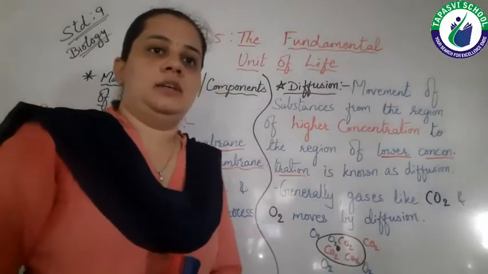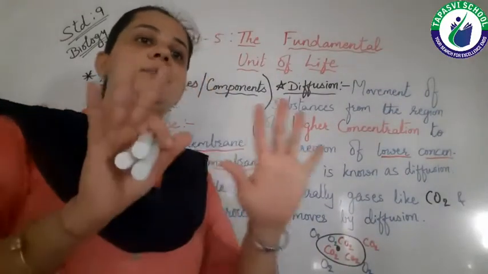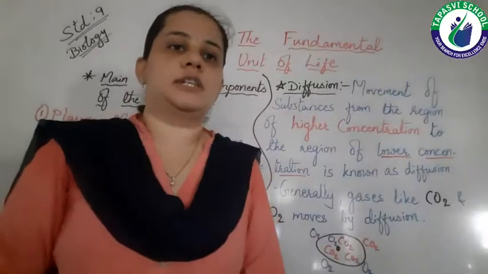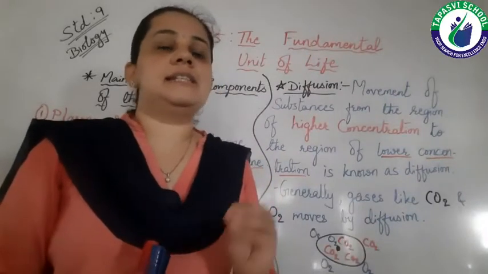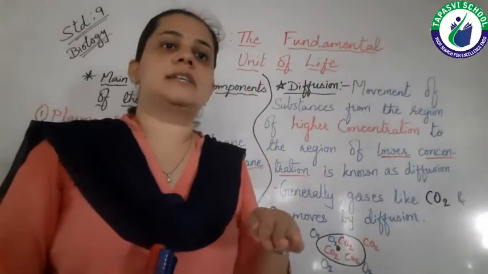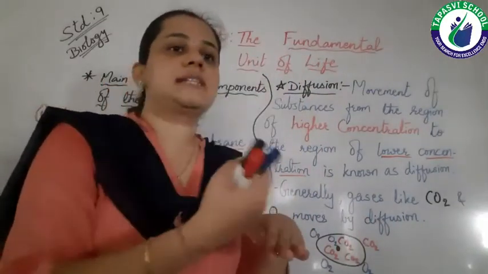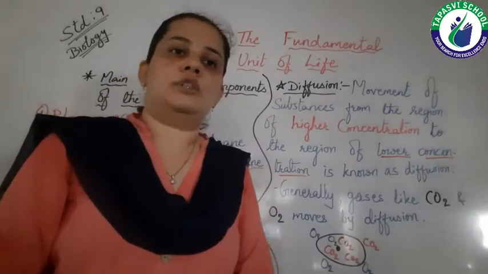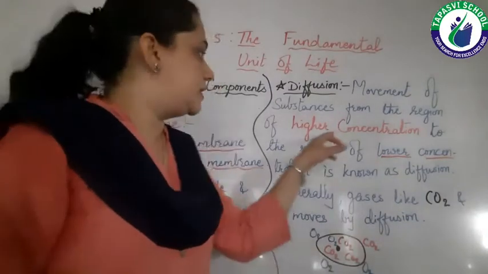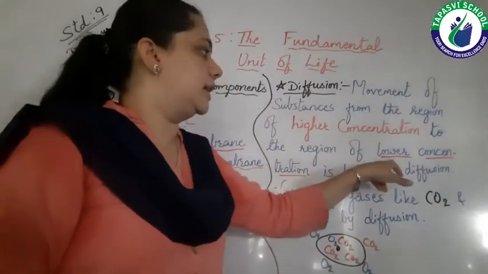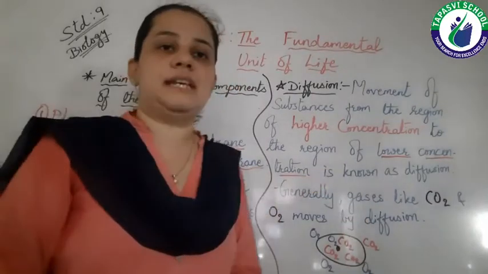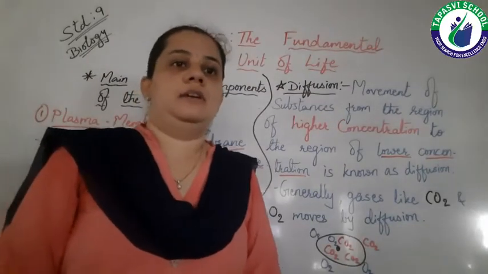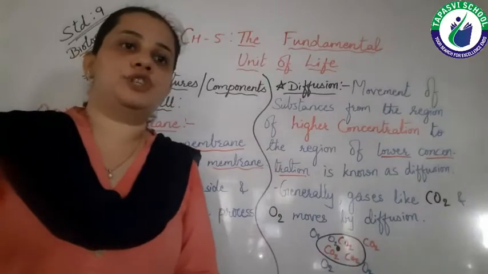For example, in the surroundings there are 10 molecules of oxygen, and inside the cell there are only 2 molecules of oxygen. So inside the cell there is lower concentration, and outside the cell, in the surroundings, there is higher concentration. So oxygen will move from the region of higher concentration to the region of lower concentration, means from the outside to the inside. So this is known as diffusion.